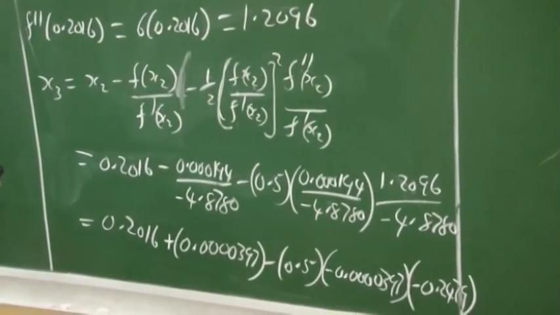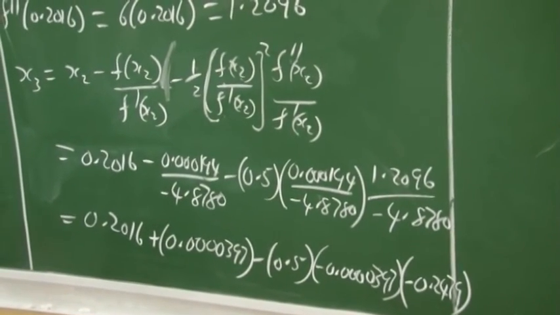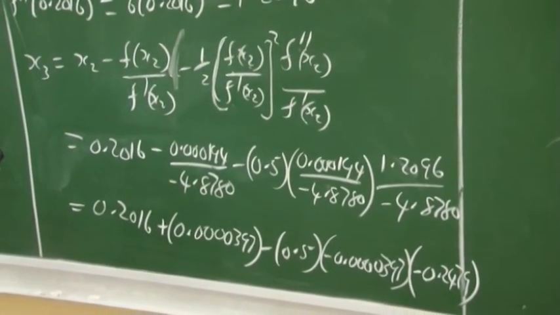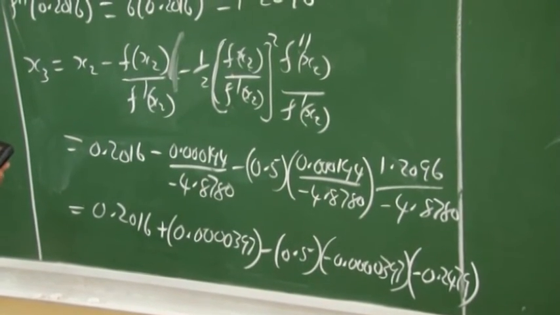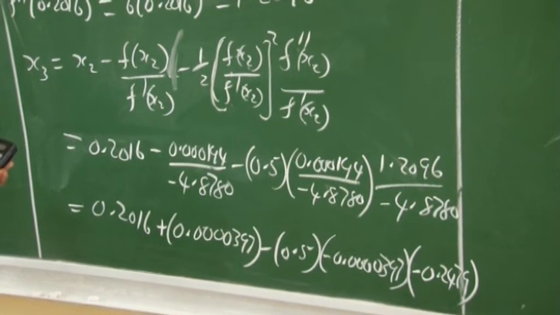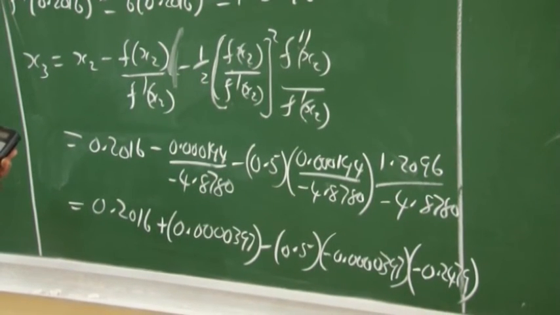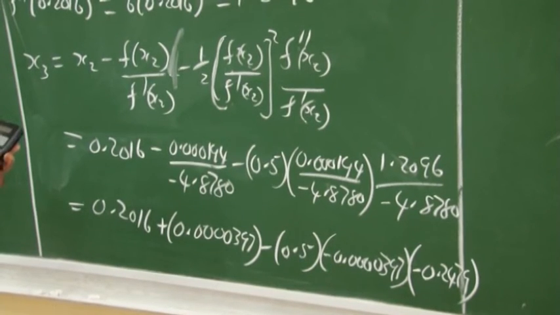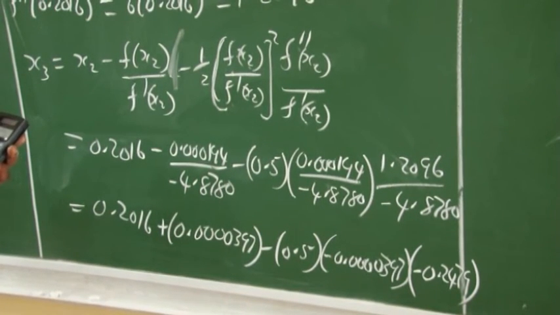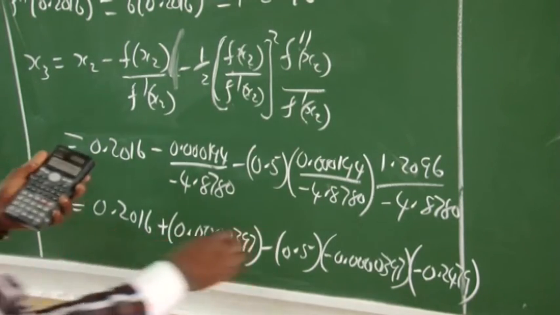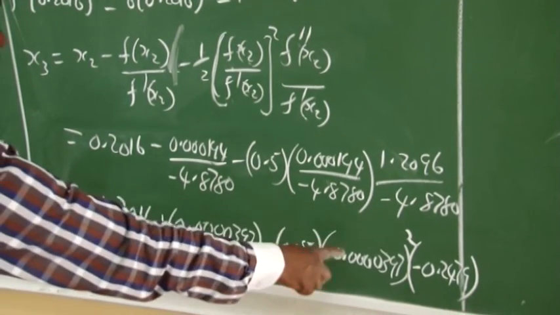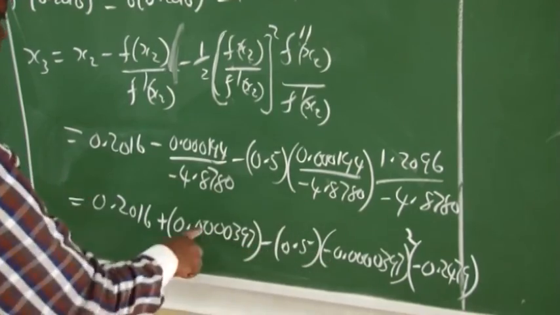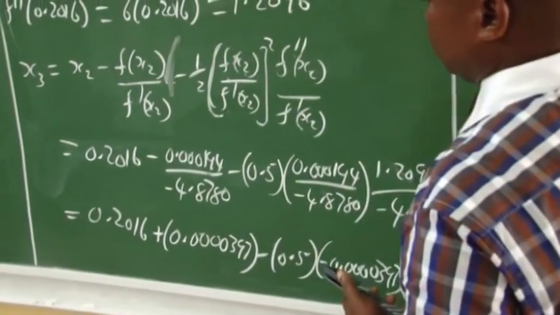They will have something like this: 0.2016 plus 0.0000397 minus 0.5 times 0.0000397, and this is squared. So we will compute first to get the value here, so you get the right result.